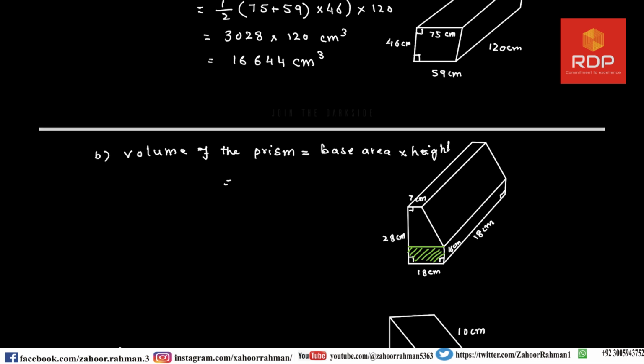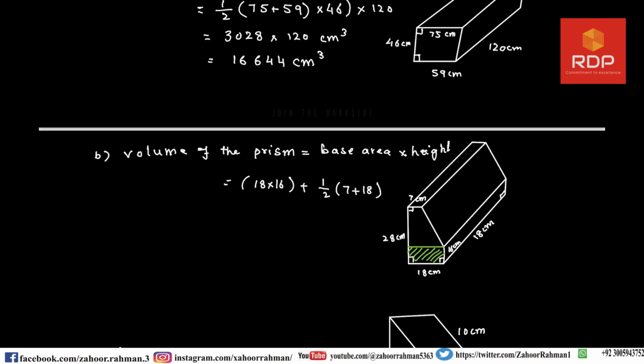Let me first find this: 18 multiplied by 16. This is the first part, plus, and then we have the trapezium in which 1 over 2 and the sum of the parallel sides, which is 7 plus 18. And then we have the height. Remember that in this case the height is not 28.